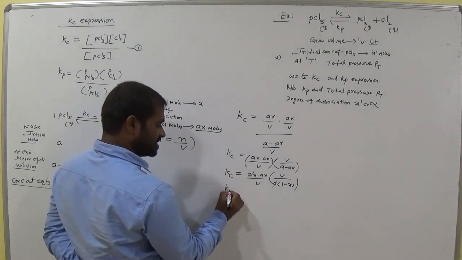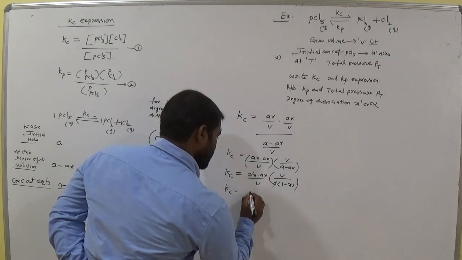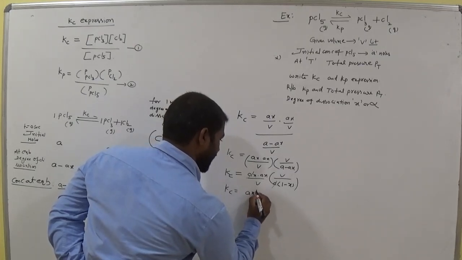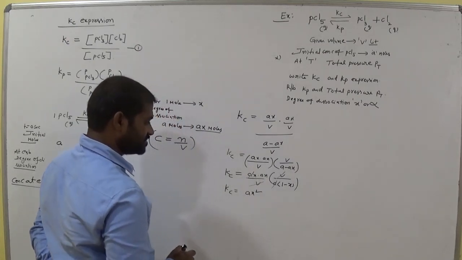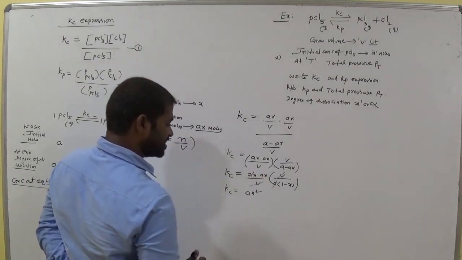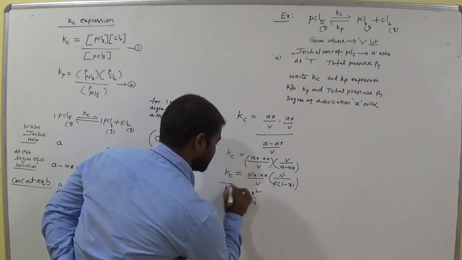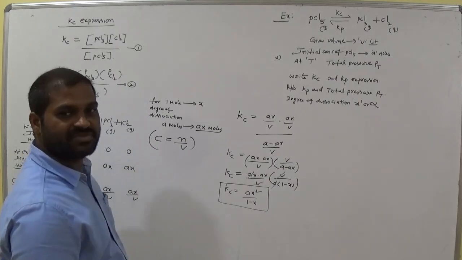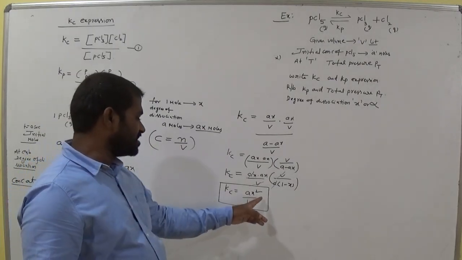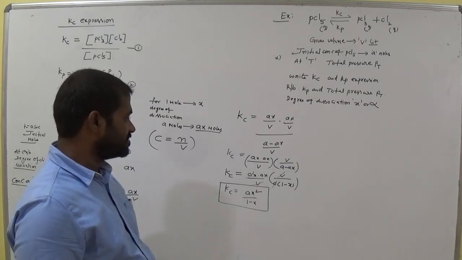Then what about Kc? Cancel this V and V also: Ax into x, x square by 1 minus x. So Kc equals Ax square by 1 minus x. Is it clear?